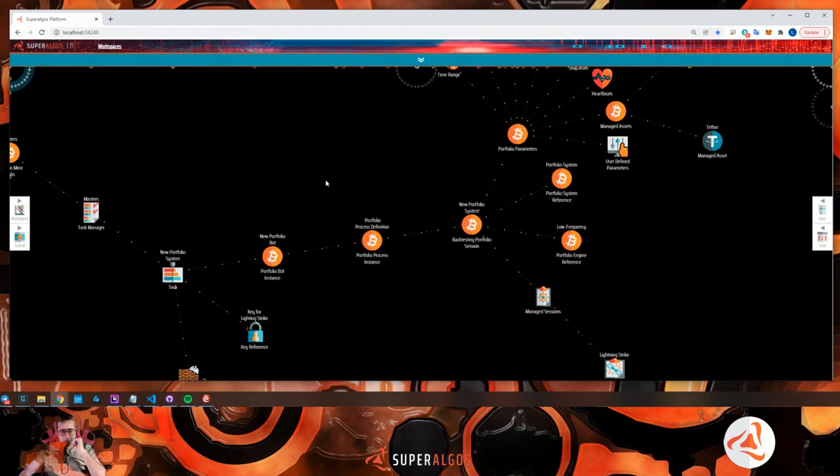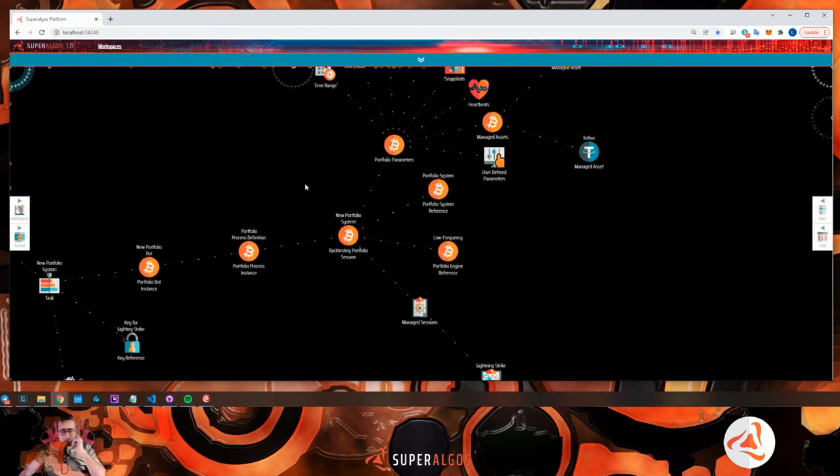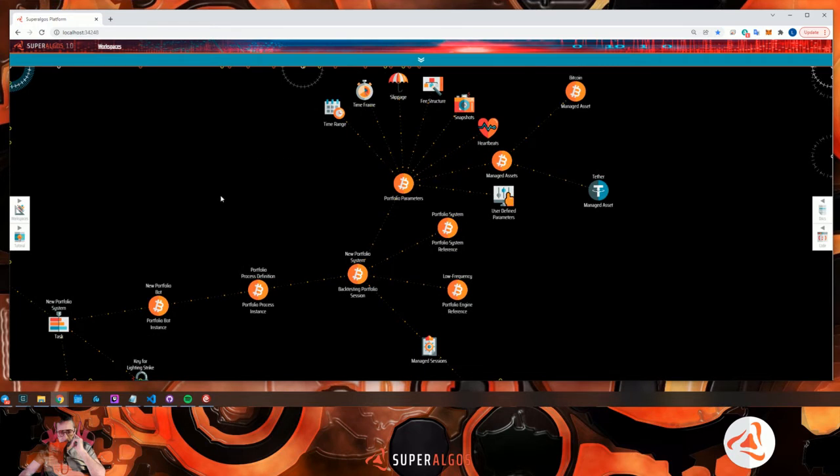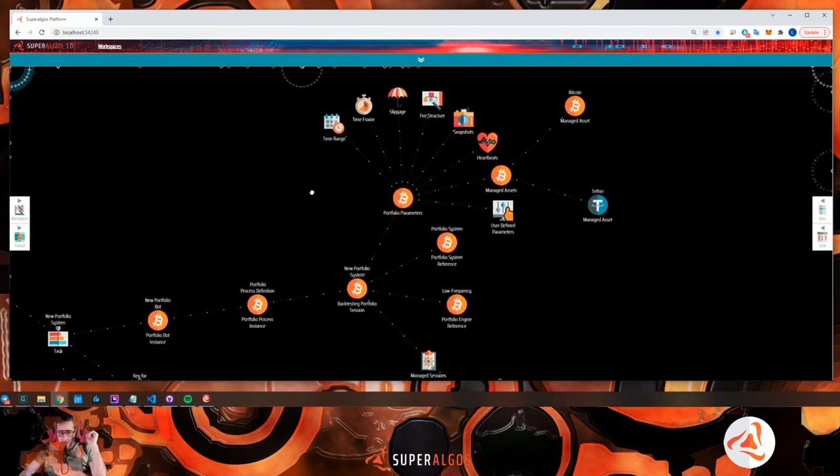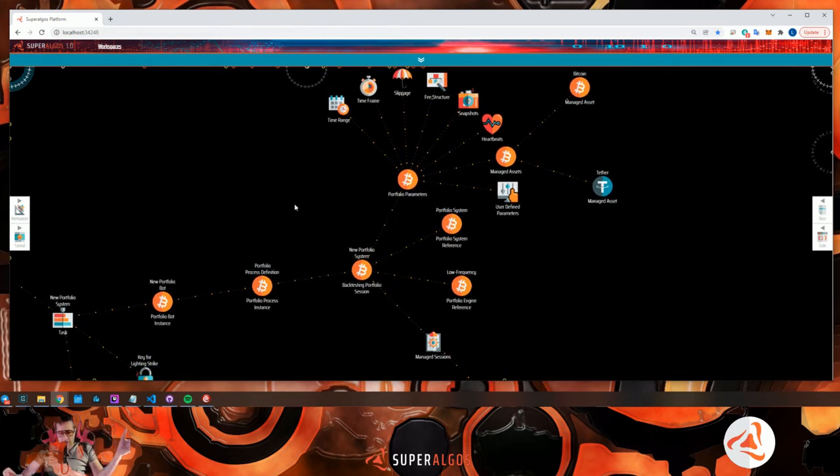So what happens is that the portfolio bot runs in one Node.js process, and all of the trading bots that are managed by this one are running in other Node.js processes. Okay, so this means they are totally decoupled.